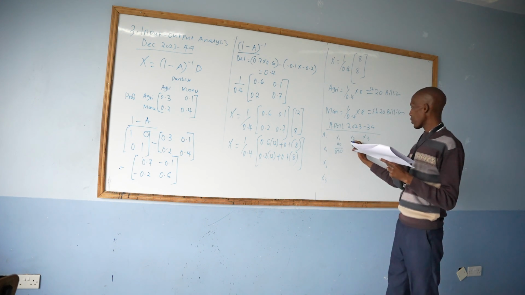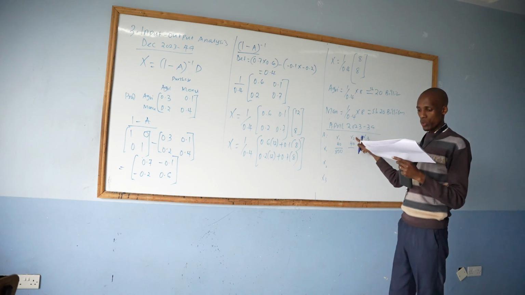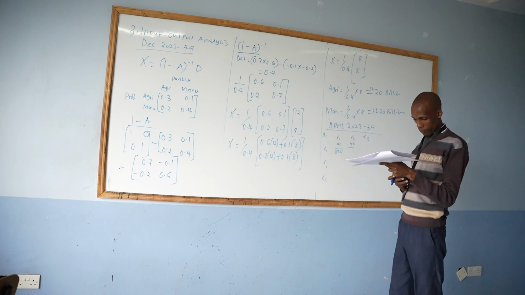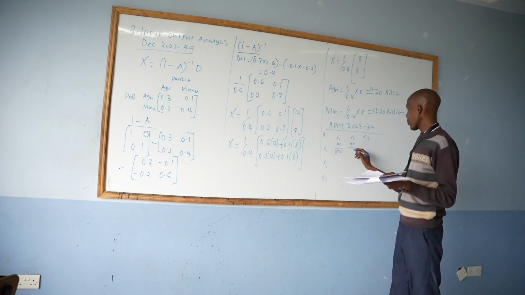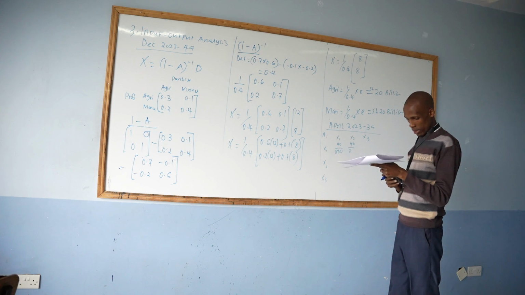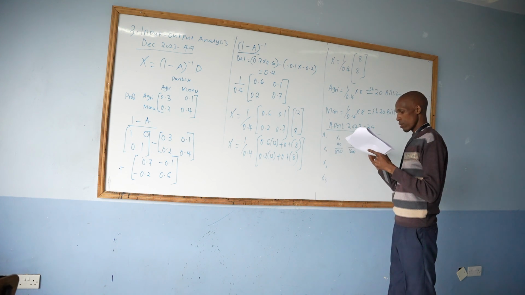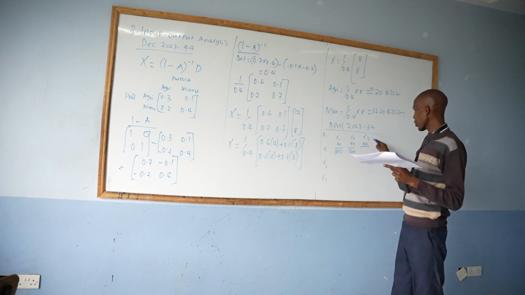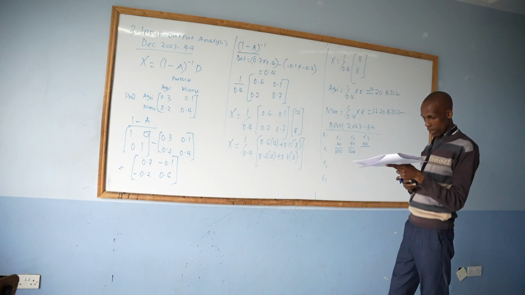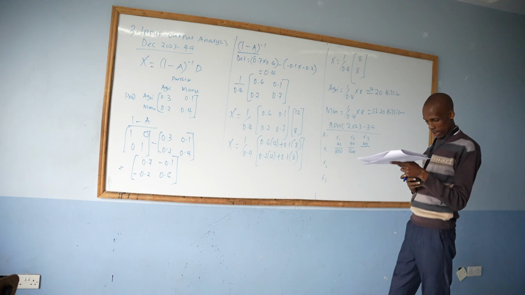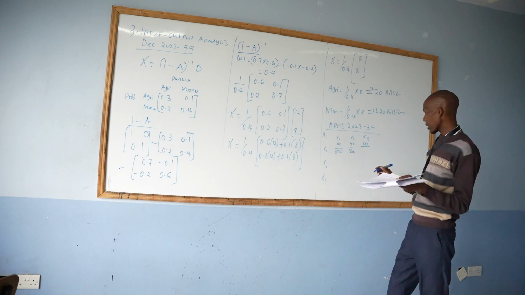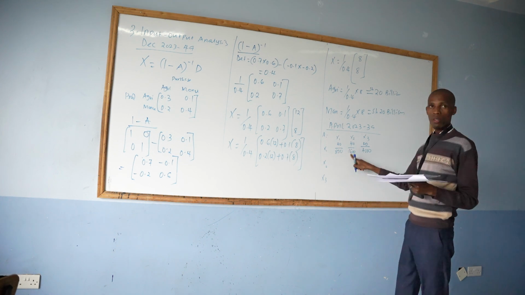Now for X2, 40 divided by the total of X2. X2 is 40 plus 80 plus 80, 200, plus 1400. You get 1600. Then this one is 40 over the total of X3. X3 is 400 plus 1200 plus 280 plus 2120. You get 4000.